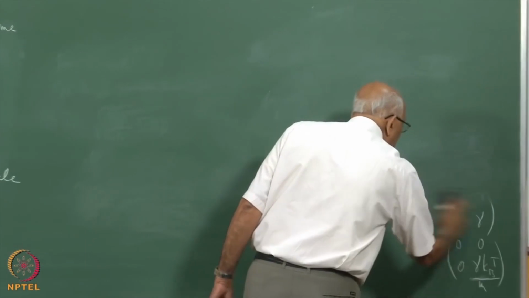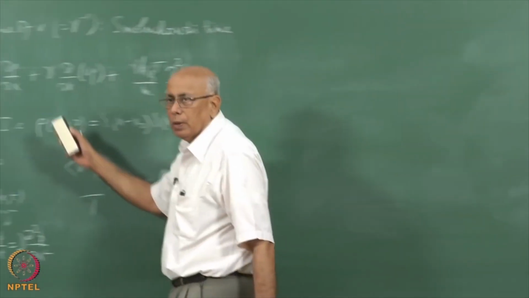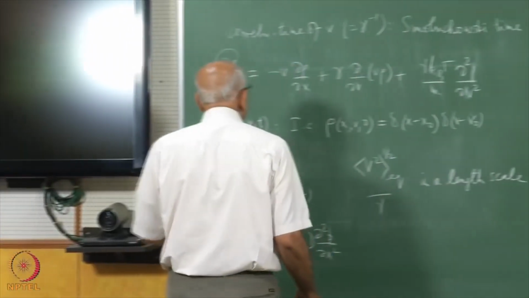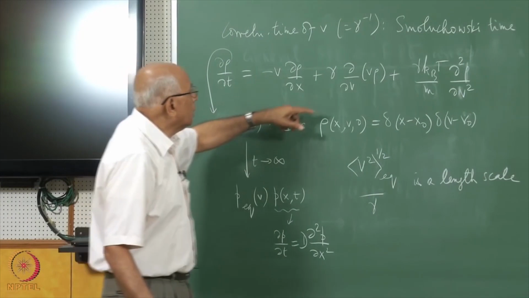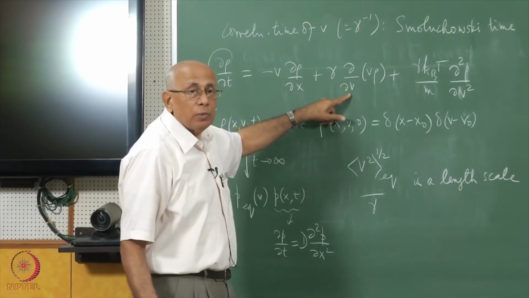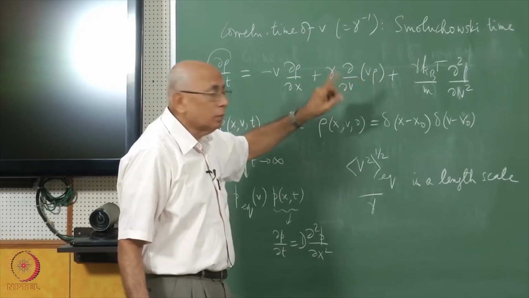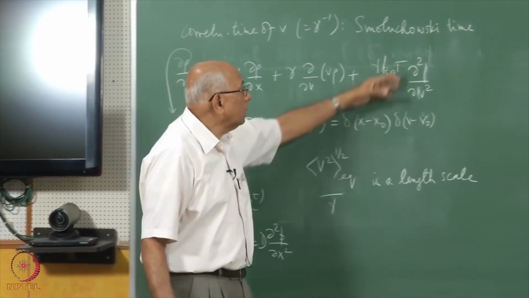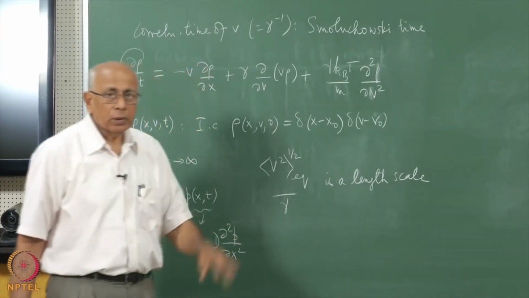Oh, incidentally, we also saw what the 3-dimensional generalization of this was. This becomes V dot gradient with respect to R of rho. This becomes gradient with respect to V dot, the divergence of V times rho, with respect to V here, and then this is the del squared with respect to V. So, that part is over, okay.